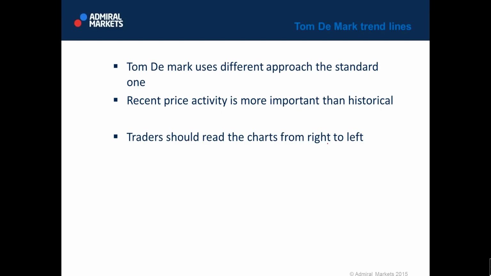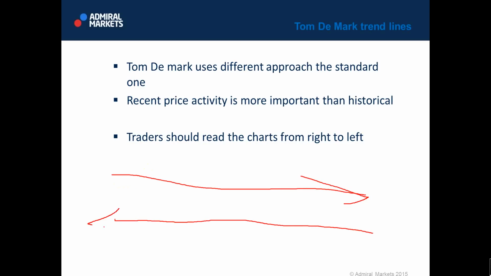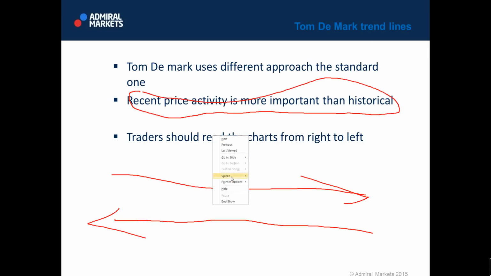Traders should read the charts from right to left, like the Japanese do. So in the Tom DeMark approach, we do not read the chart from left to right. We read the charts from right to left, because as he says, recent price activity is more important than historical. Okay?